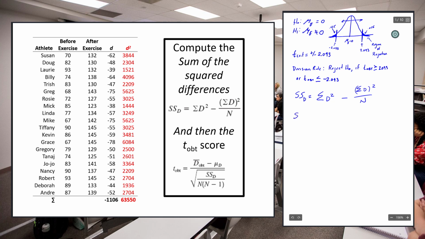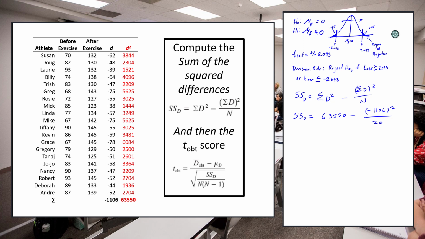SSD is going to be equal to 63550, and you can see that at the bottom in the rightmost column, minus negative 1106 squared divided by 20.